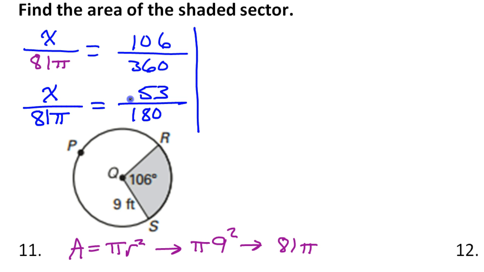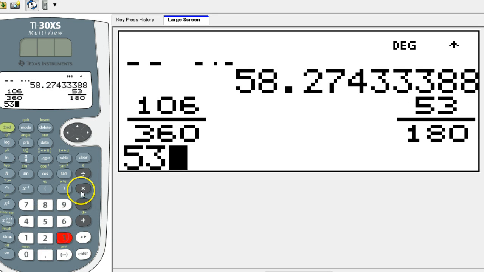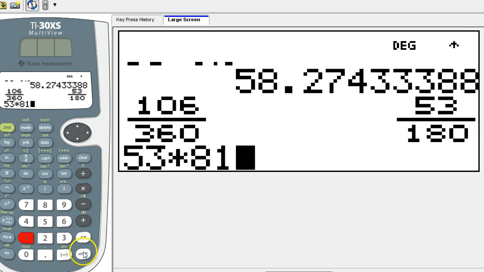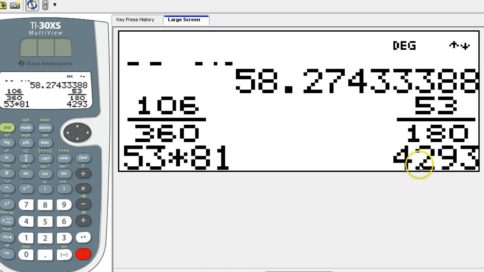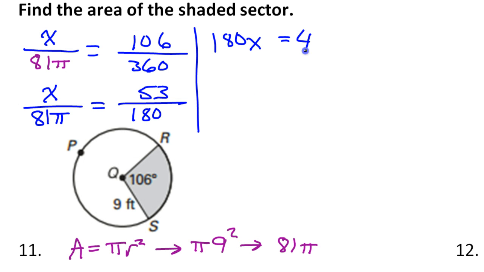Okay, cross multiply. So that's going to be 180x equals 53 times 81. Don't forget the pi. That's 4,293 pi. And then divide by 180.